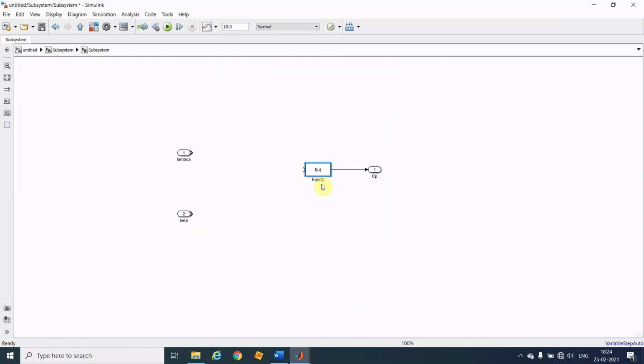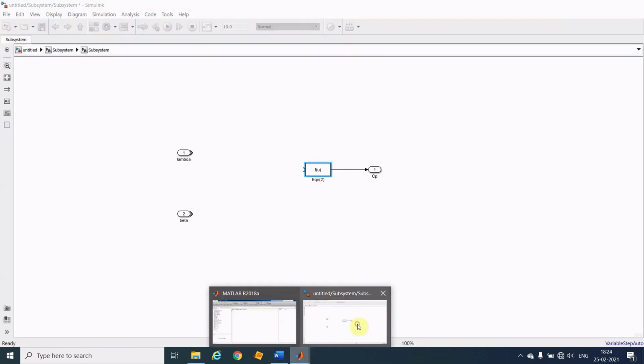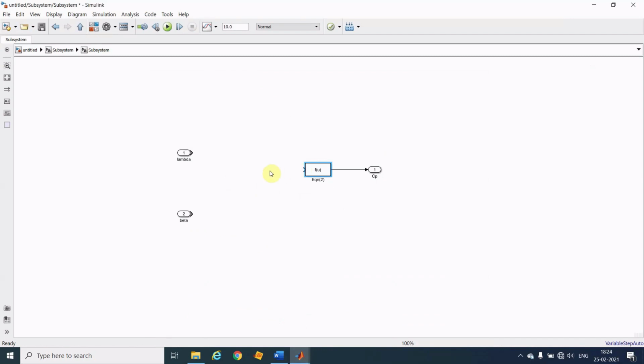Okay, so now we need equation 3 also. This equation 3. Okay, equation 3 we will require. So take a function, okay, this one, and see here we need a mux, because here two signals were coming. We have considered two signals, that is u1 and u2.